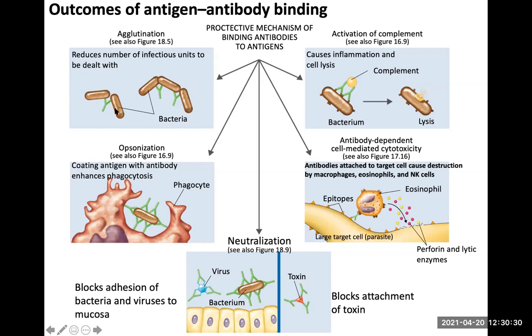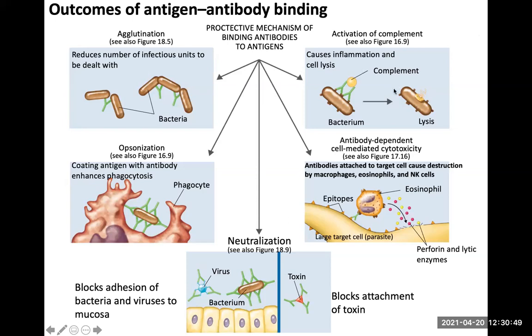So you can have agglutination where you clump together, right? In this picture, they're clumping together bacteria. It could be viruses. It could be large pieces of antigen, right? Anything that the antibody binds to can agglutinate.